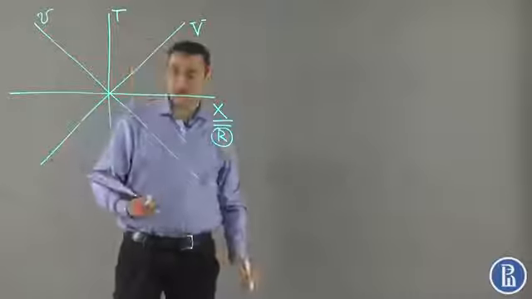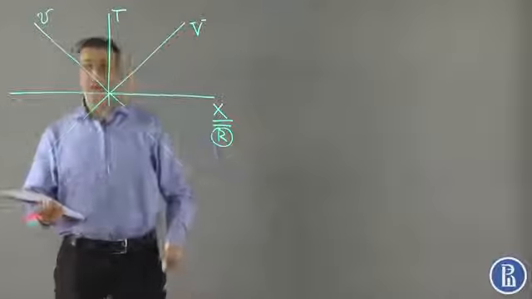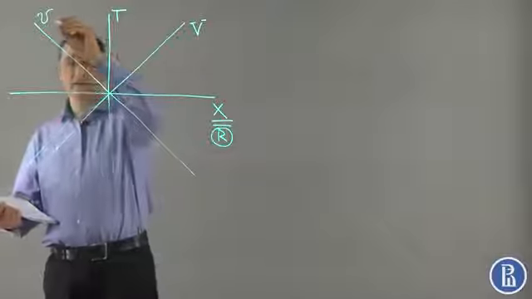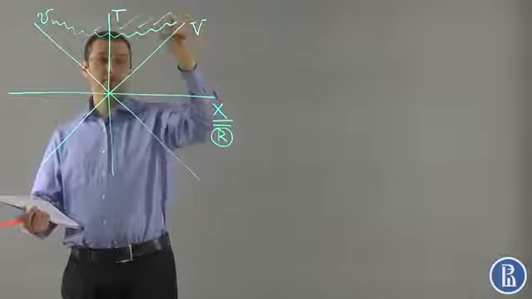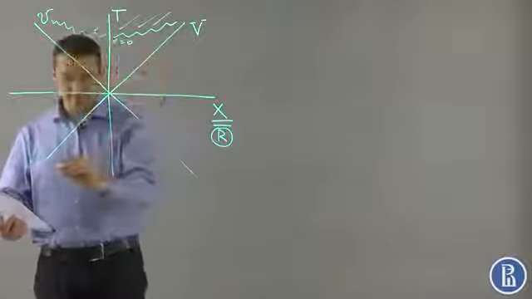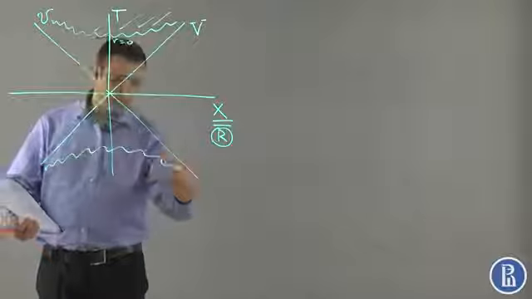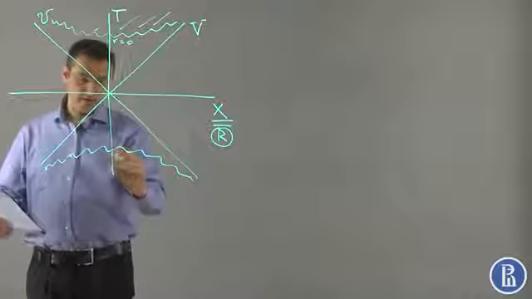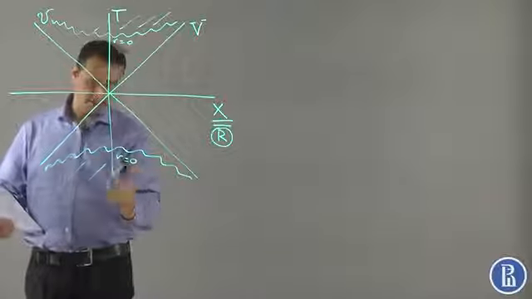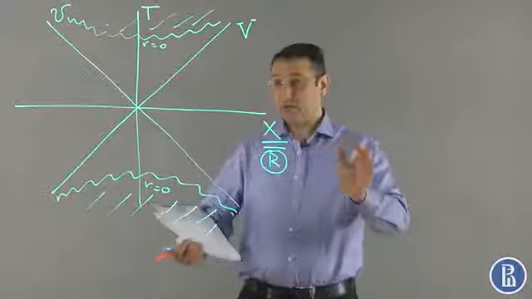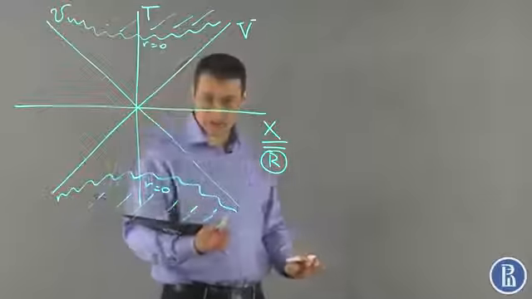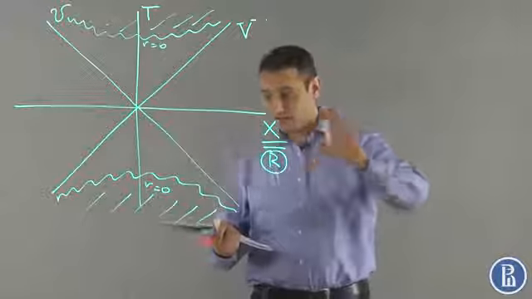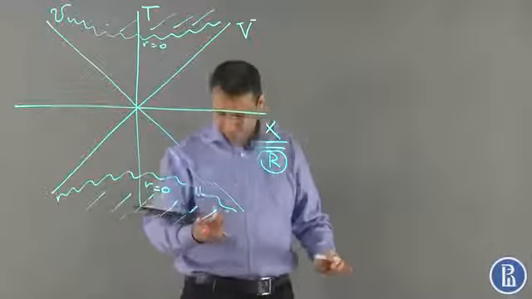And this Kruskal-Szekeres spacetime is not valid beyond this point, so it's not valid here. So this is r equals 0, this hyperbola. So the situation is more or less similar to the relation between Rindler and flat spacetime.